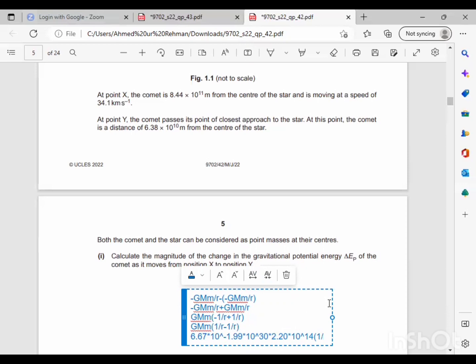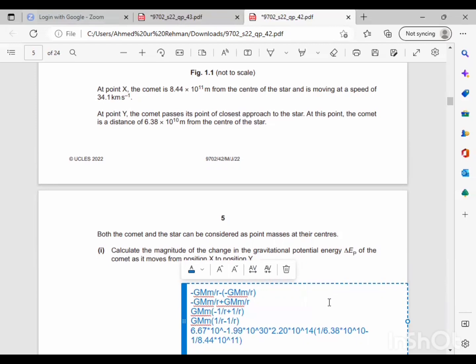So that is why the smaller distance goes first. 6.38 into 10 to the power 10 it is, and then minus 1 upon 8.44 into 10 to the power 11. So that's pretty much it.